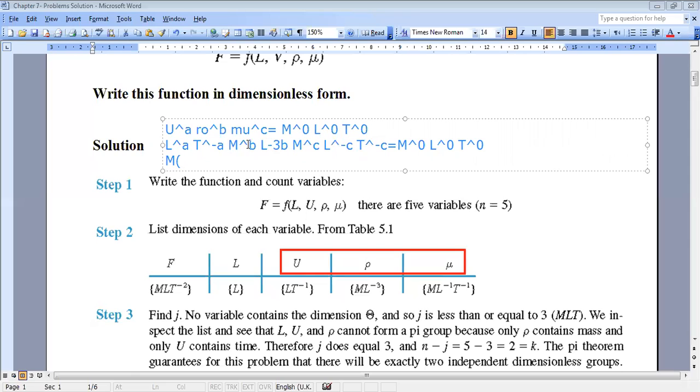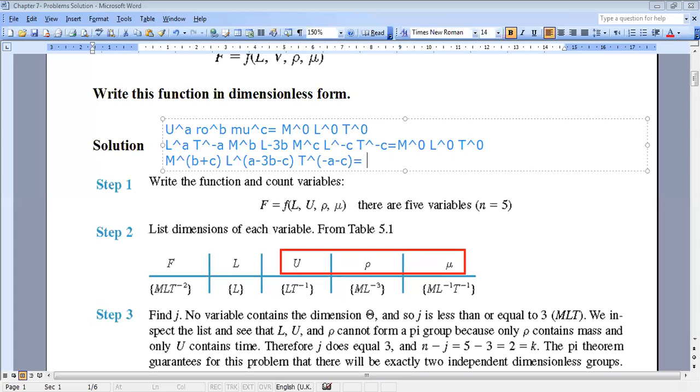I have M to the power B here and M to the power C here, so in total M is to the power B plus C. Now, for L, I have A here, and I have minus 3B and minus C, so A minus 3B minus C. This is the coefficient of L. And finally, for T, I have minus A and minus C, so minus A minus C.